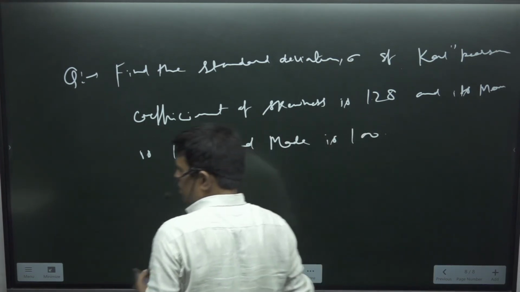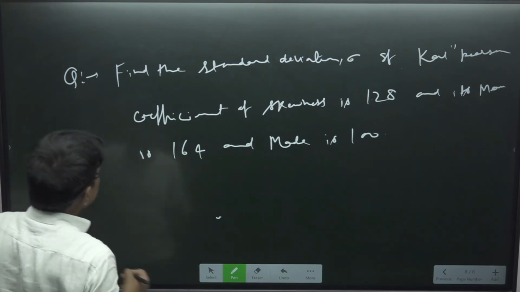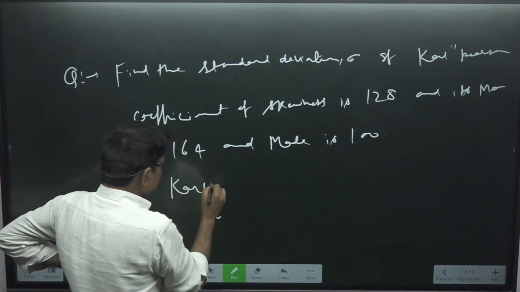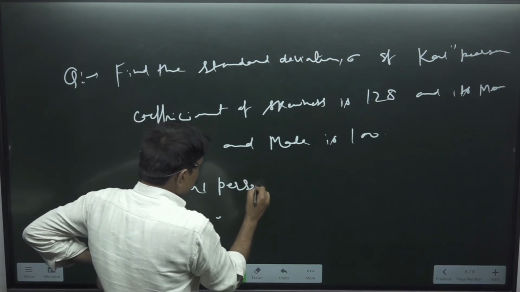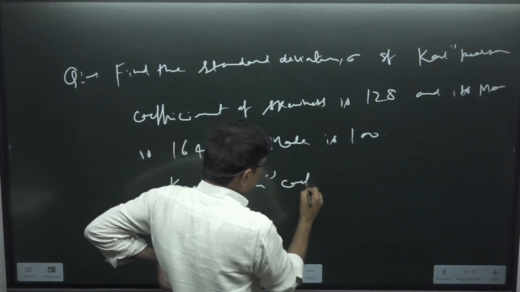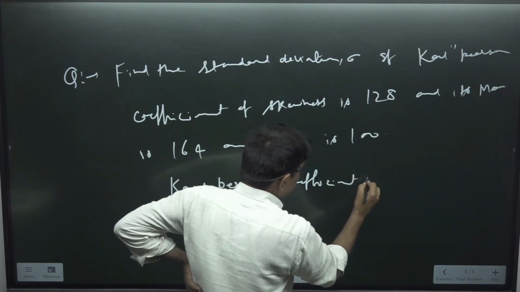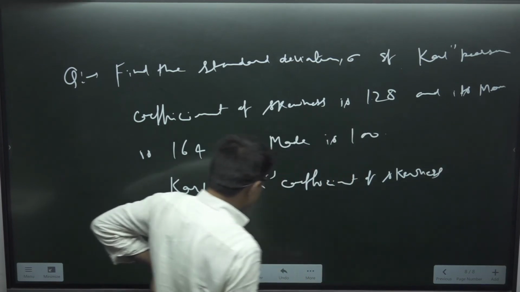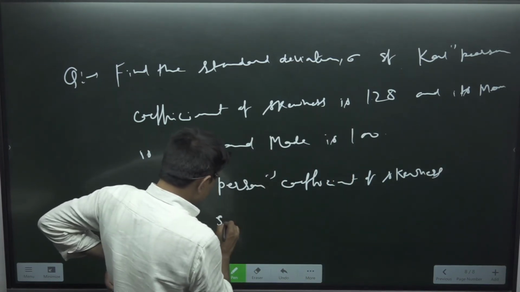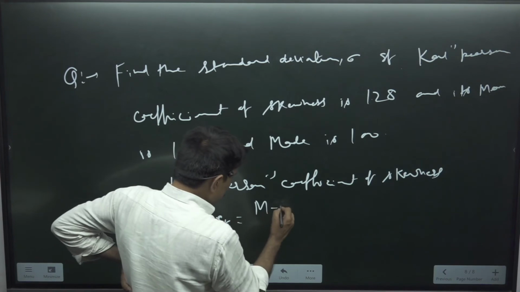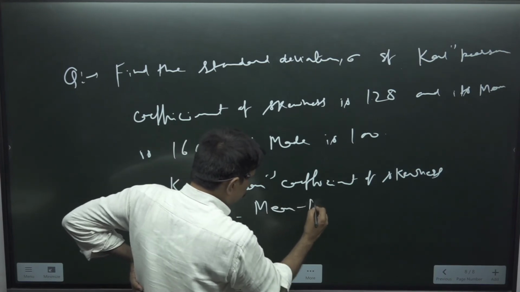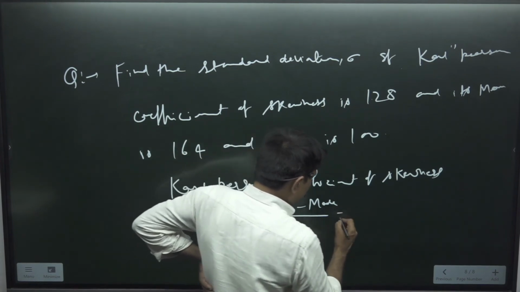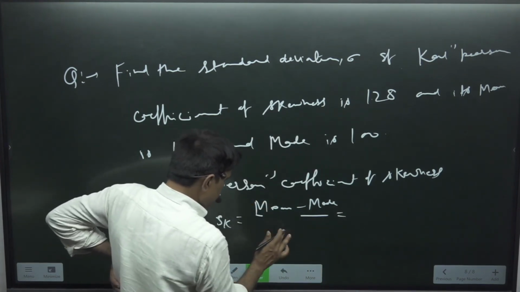These are the questions. So अभी देखते हैं कि according to Pearson's coefficient of skewness, हमने क्या देखा है, दो फॉर्मूला निकाले थे, इसके इक्वल टू मीन minus मोड बाय स्टैंडर्ड डिविएशन.